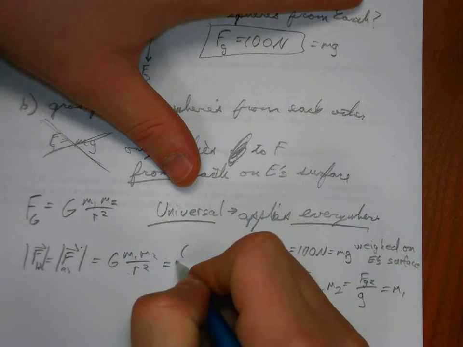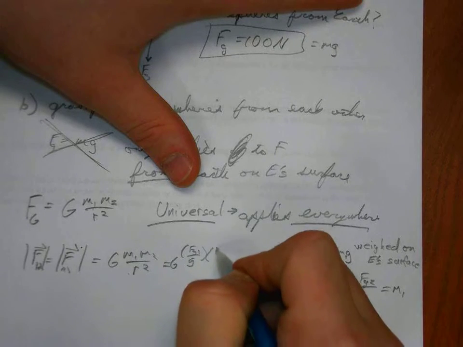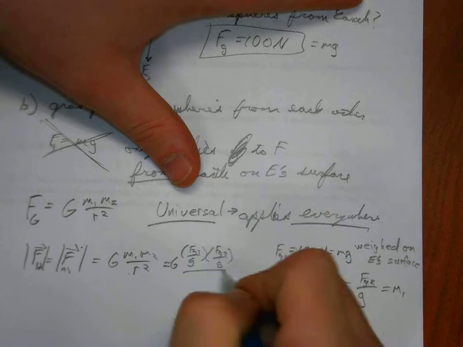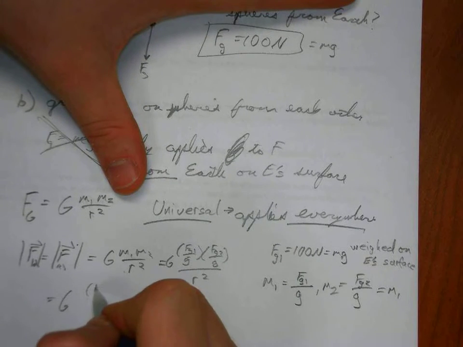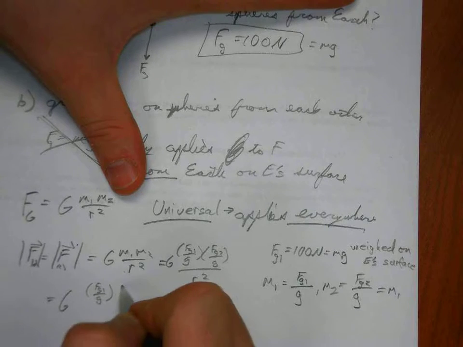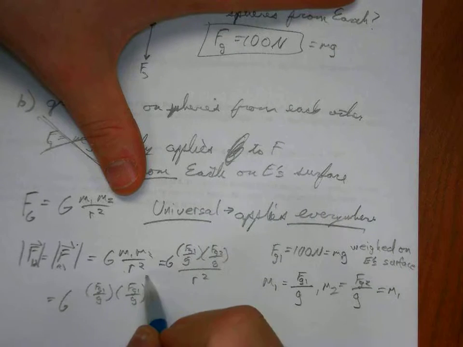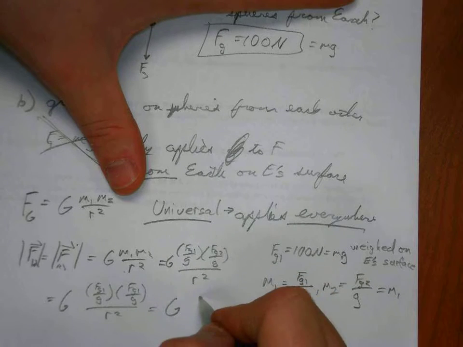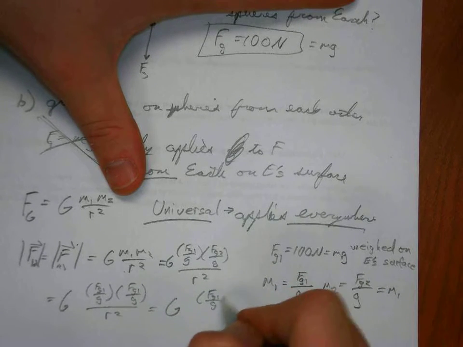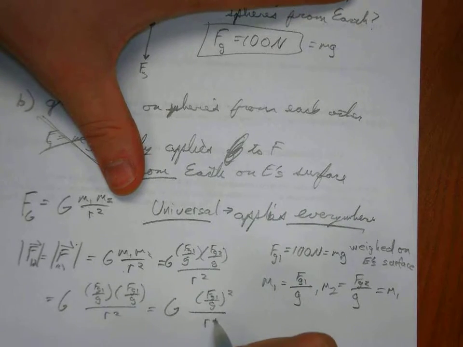So I'll insert that here, capital G times Fg1 over g times Fg2 over g over r squared. So this equals G times Fg1 over g times Fg1 over g, because Fg2 is the same as Fg1, so I can just put that in there twice, over r squared, equals G times Fg1 over g squared, because it's times itself, so it's squared, over r squared.